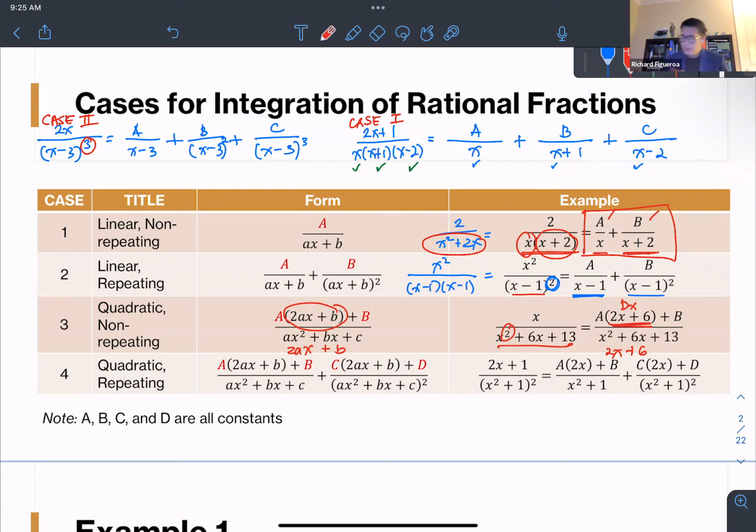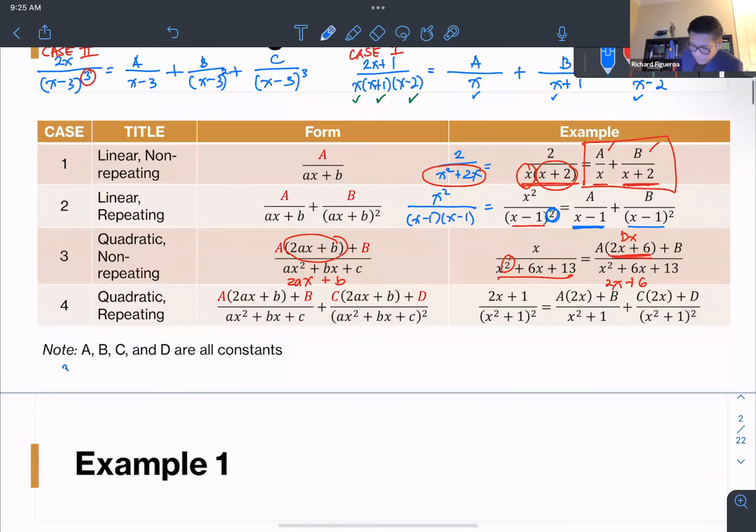Okay, so for example, let's say I have 3x minus 1 all over x squared plus 2. Okay, so there are two factors here.